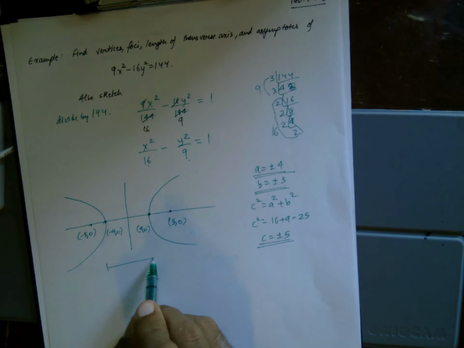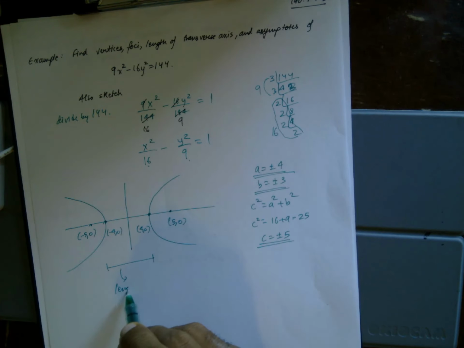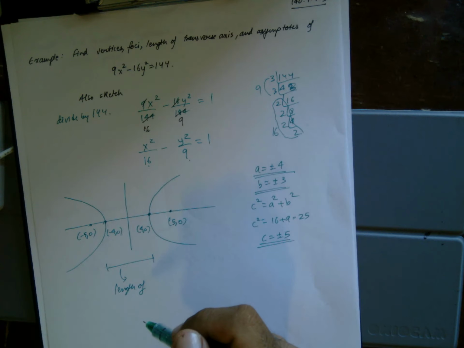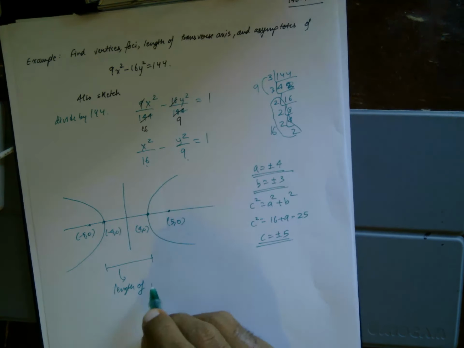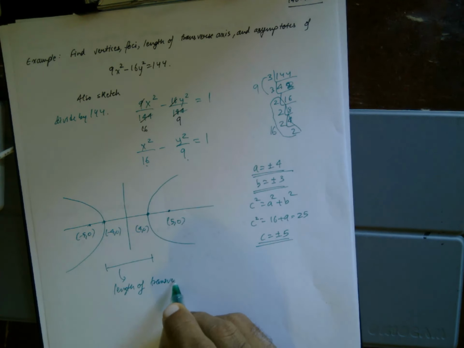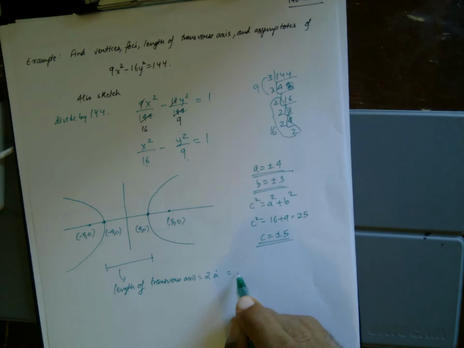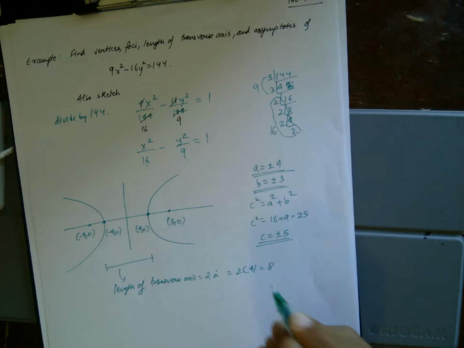This is the length of the transverse axis. Length of transverse axis is 2 times A, or 2 times 4 is 8.